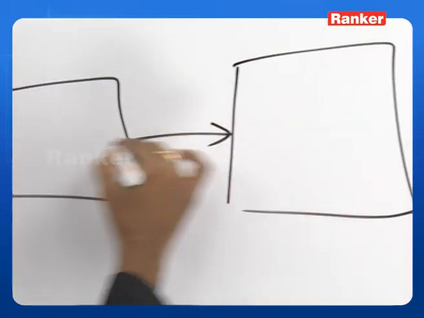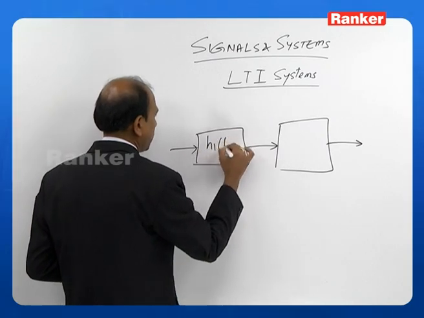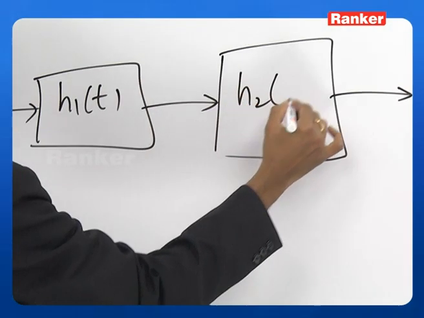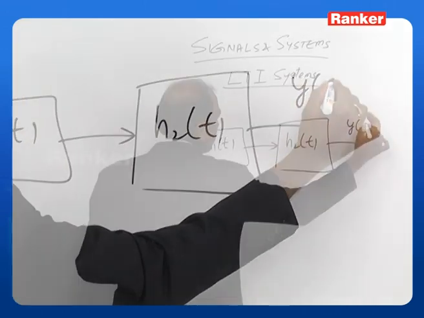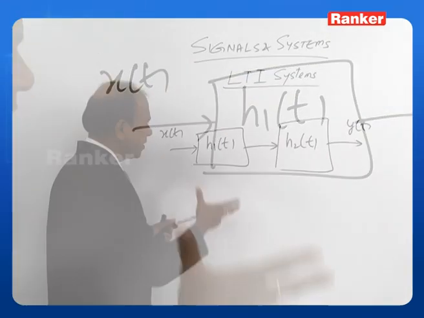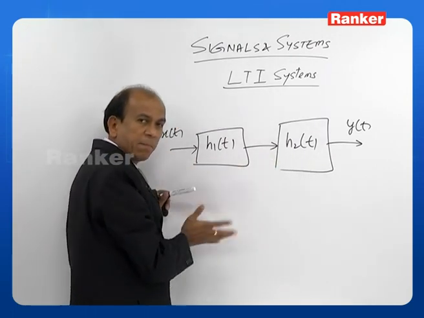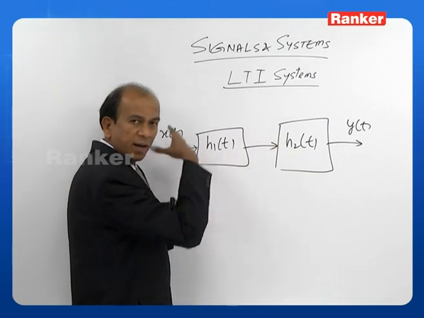The transfer function of this is h1 of t and the transfer function of this is h2 of t. So this is y of t and this is x of t. Whereas this will have its own output, and that will also have its own output separately.